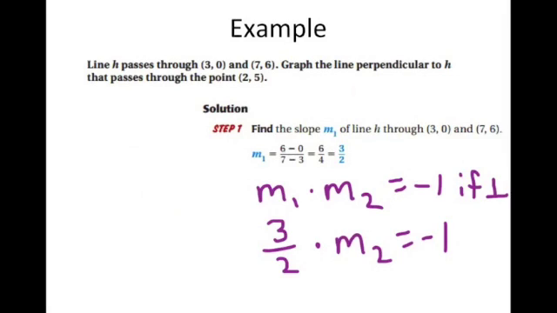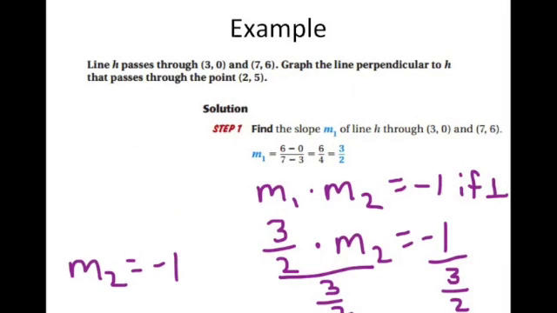Well, let's divide both sides by 3 over 2. And you remember we divide by a fraction by multiplying by its reciprocal. So it's going to be -1 times the reciprocal, which is 2/3. So the slope of the perpendicular line is going to be -2/3.